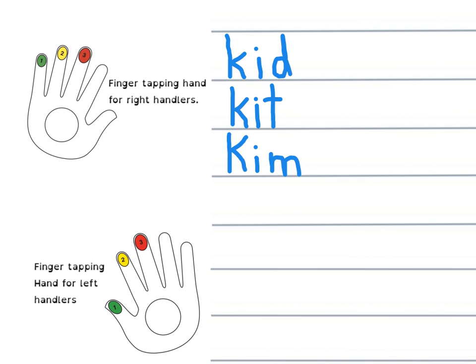All right, the last word is kin. Pound, kin. Flip and float, tap. K-I-N. And write it.